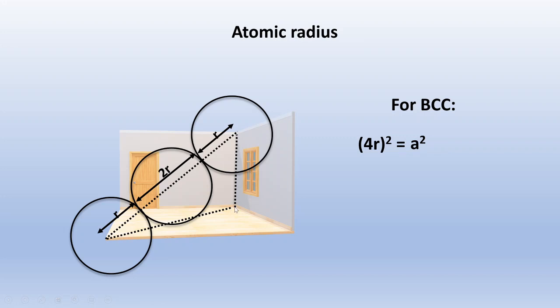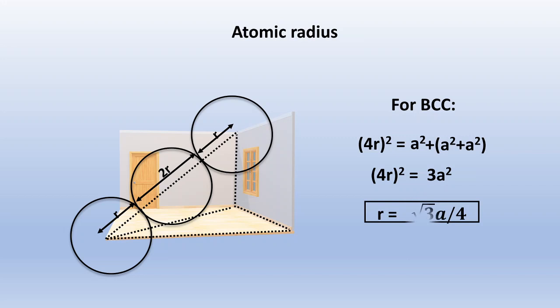To calculate this diagonal, we need to know this side and this side. As this room is a cube, both these sides are A and A. So this diagonal will be A square plus A square. So 4R square is equal to A square plus A square plus A square. Further we can write it as 16R square is equal to 3A square, and if we simplify it further, R comes out to be root 3A by 4.